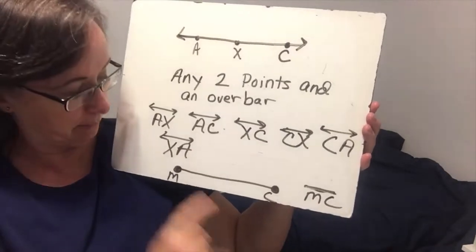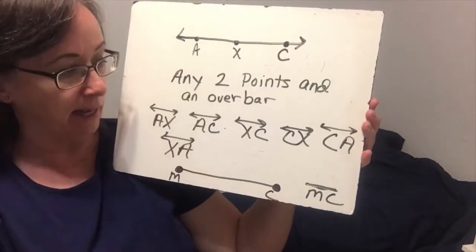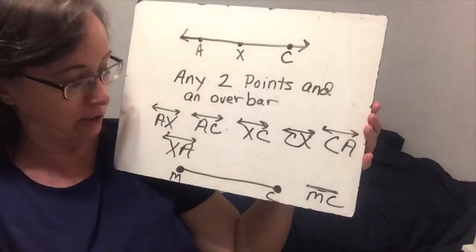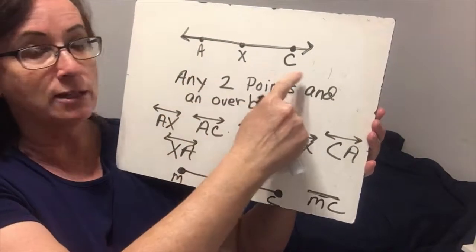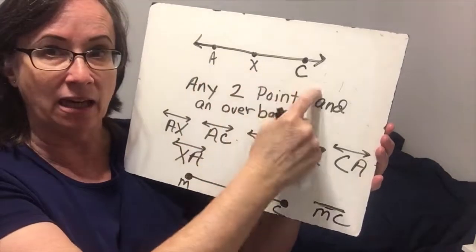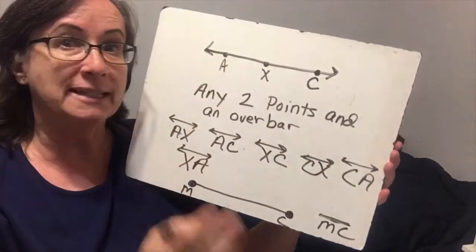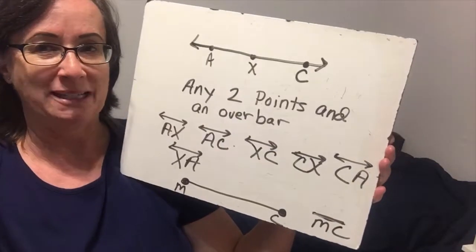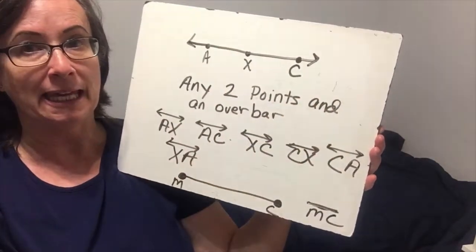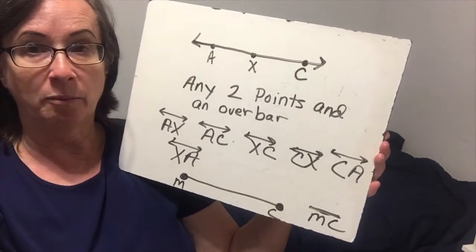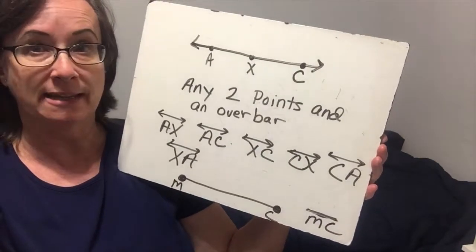A line segment starts at one point and ends at another, and the notation is going to be only the end point. So as far as a line, we could use any of the 3 because there is no end point. There are more points on this line than A and X and C, but we're just using those to designate the line.